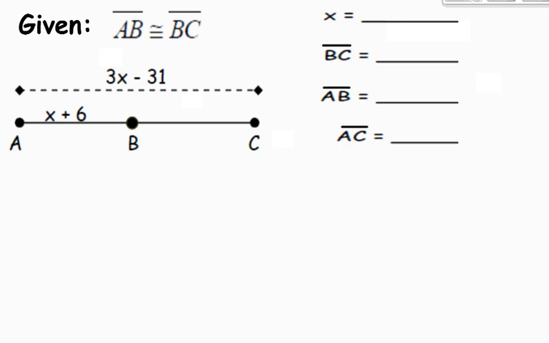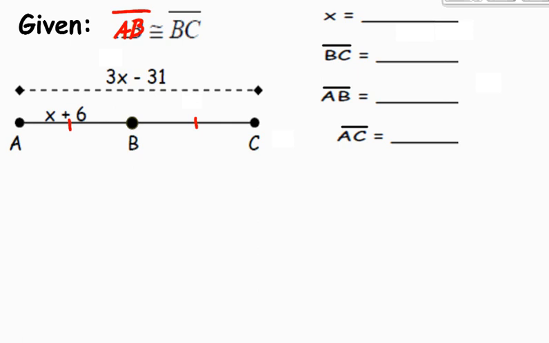Okay, same type of problem, but a little bit of a different twist. Again, it says that line segment AB is congruent to line segment BC, which means that these two are equal. And here's a new geometry notation for you. If two things are congruent, we like to mark them as such. Okay, the little tick mark means that those two line segments are equal to each other.